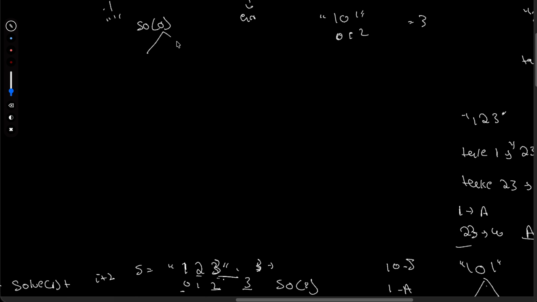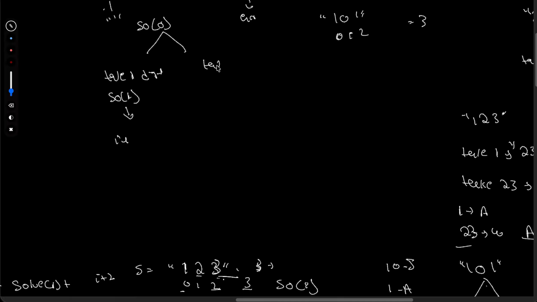So let's make a tree. If we take one digit, if we take 1, solve of 1 is invalid.